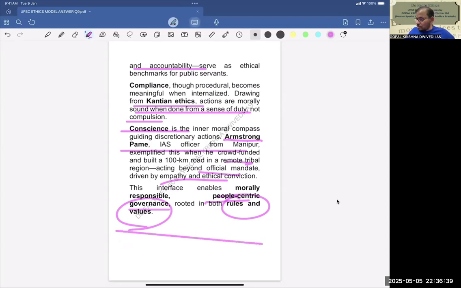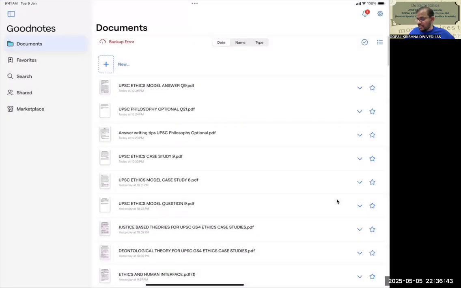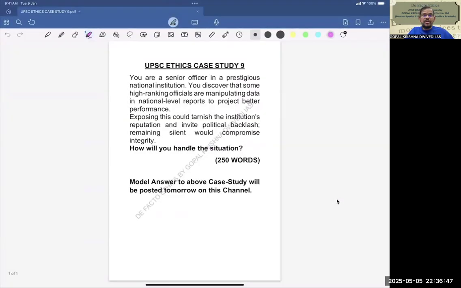Now, for tomorrow's model, I will give one case study which we will answer tomorrow. This is the case study for your deliberation and thinking, and you can also arrive at your own conclusion. Tomorrow we'll discuss the model answer. You are a senior officer in a prestigious national institution.